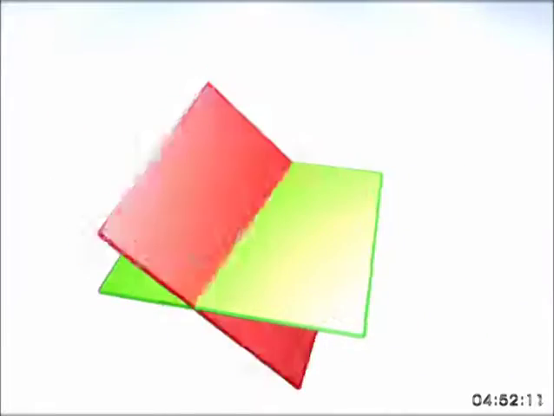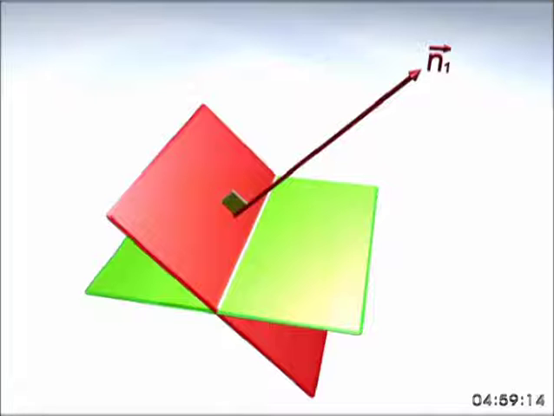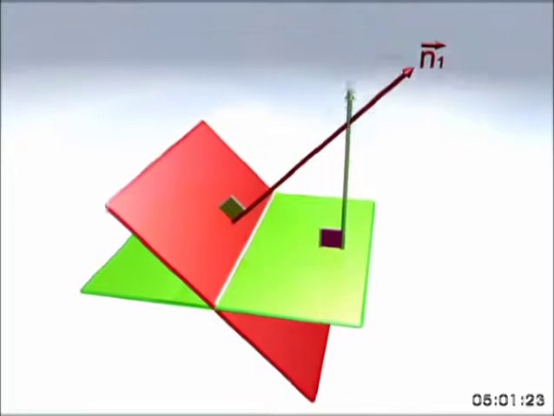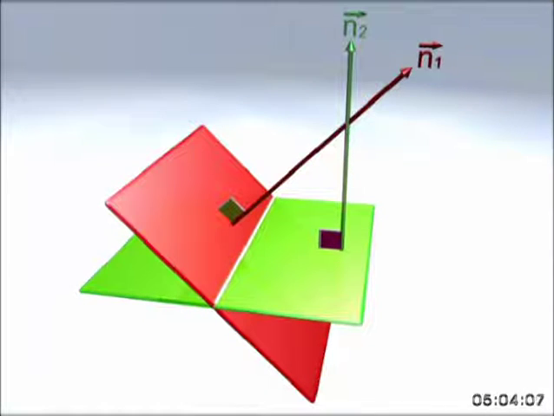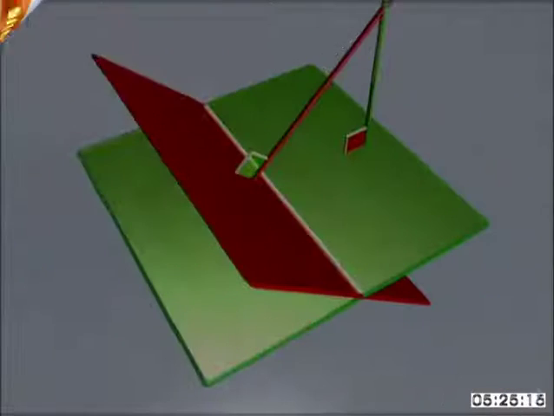Angle between two planes. Consider two planes intersecting each other in a straight line. If vector n1 is the normal to one plane and vector n2 is the normal to the other plane, then the planes are described by the equations vector r dot vector n1 is equal to d1 and vector r dot vector n2 is equal to d2.